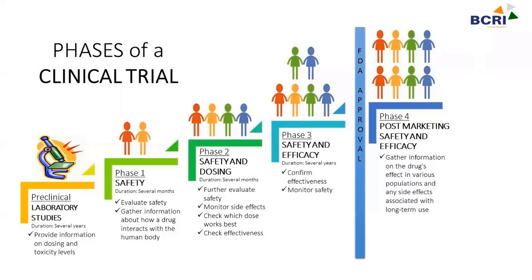They set up the base depending upon which human experimentations will be conducted. Without conducting this preclinical phase, none of the drug manufacturing companies can go off to the clinical phase. They cannot do experimentations on humans.